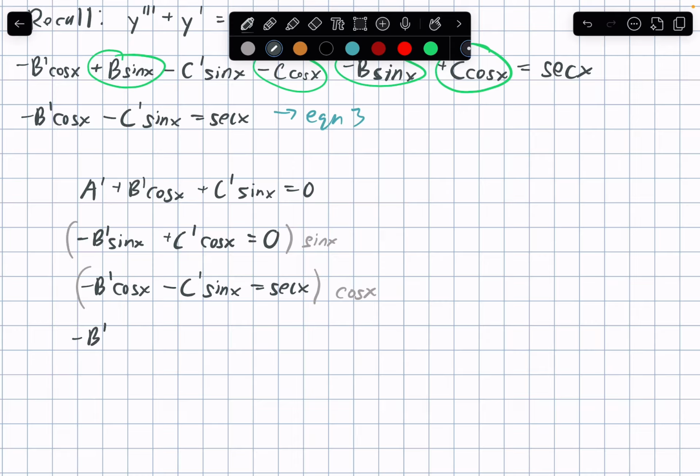So what we get is b prime sine squared x plus c prime cosine x sine x equal to 0. Negative b prime cosine squared x minus c prime cosine x sine x equal to secant x, which is 1 over cosine x. So when we multiply it by cosine x, we just get 1.